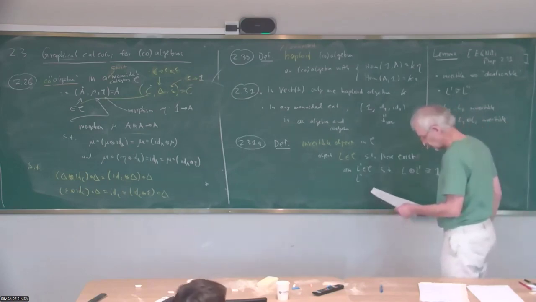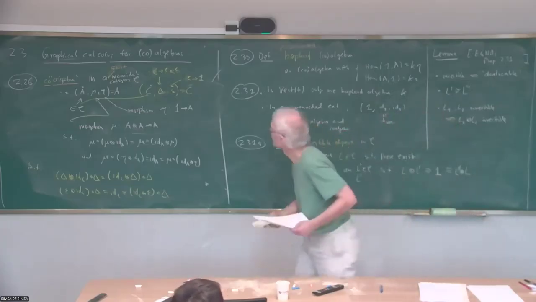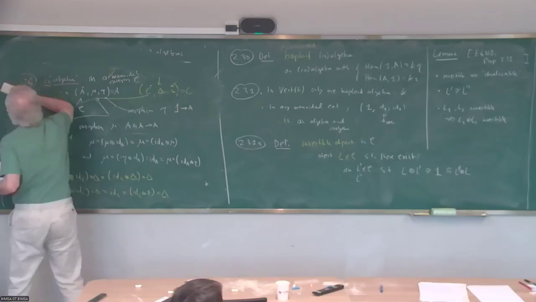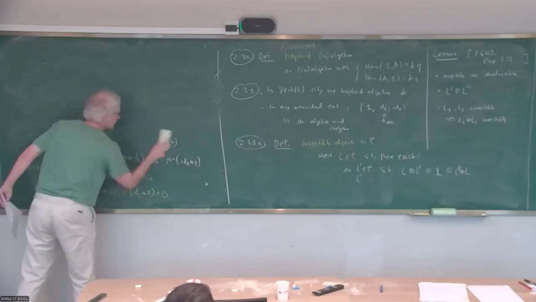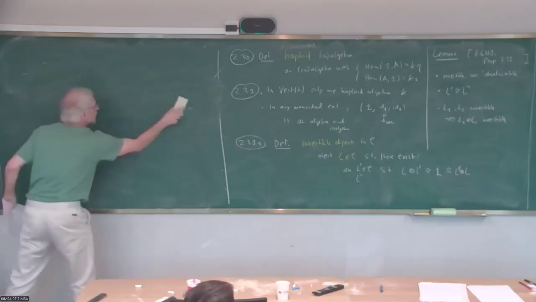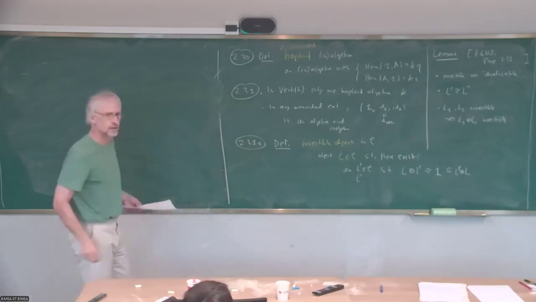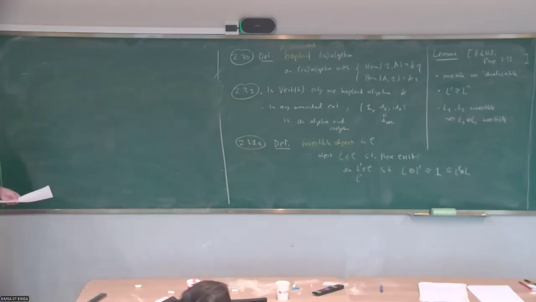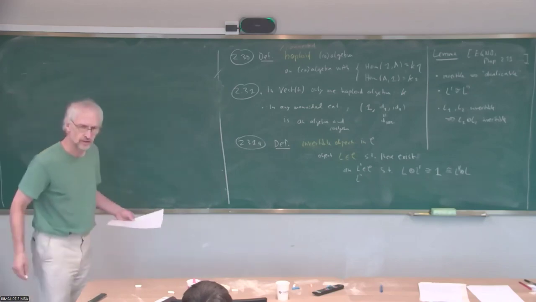And that means that if we look at the subcategory consisting only of invertible objects, then this is in fact a monoidal category again.